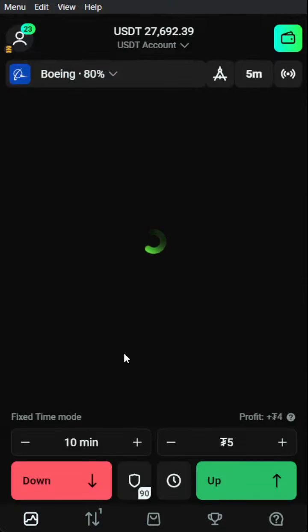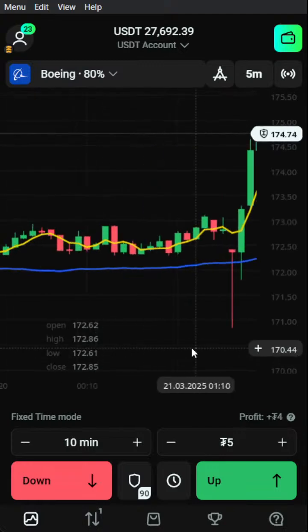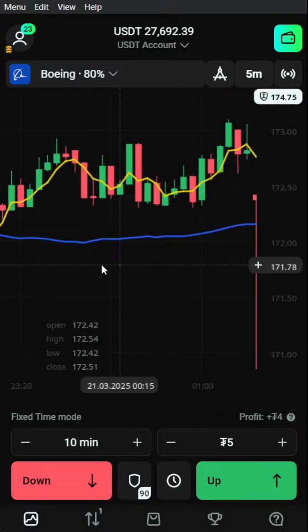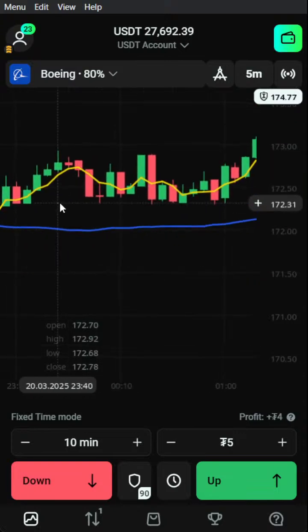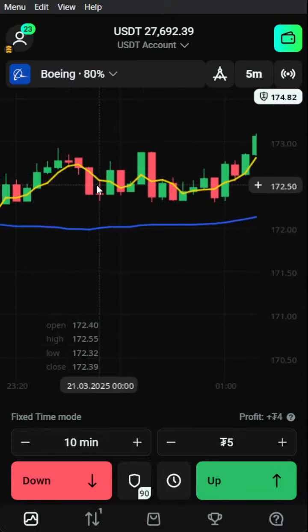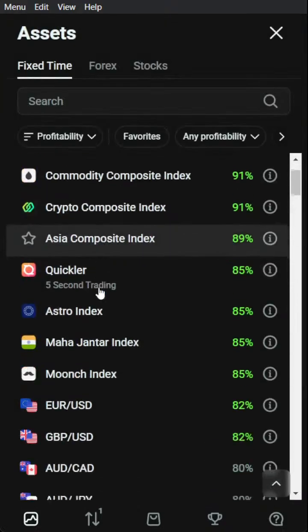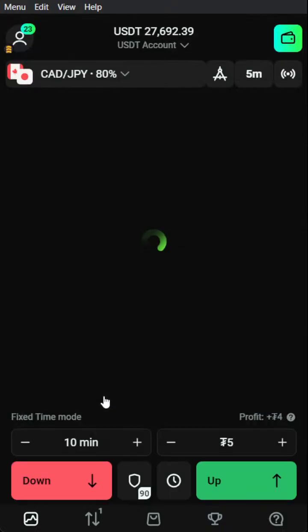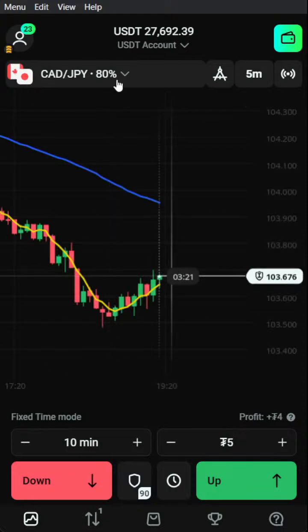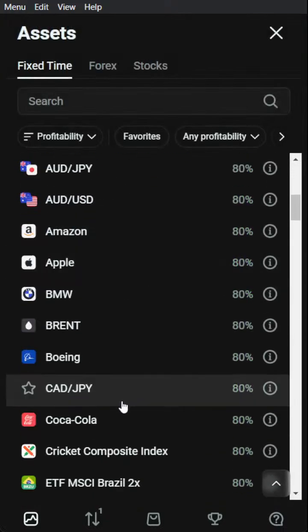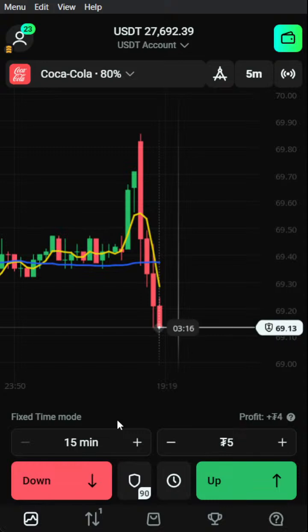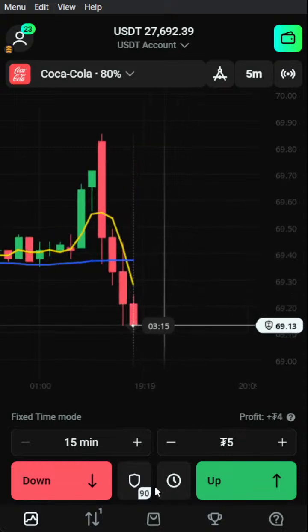And also one more thing, if you see a flat market, oh, I spoke about a flat market and here it is. So this is a flat market, guys. One candle is green, one is red, then a couple of green, a couple of red. Not a proper trend. Try to avoid trading in these assets at that point of time, because the fluctuations would be very high. There would be too much up and down, which is not going to help you at any point. The results won't be that much in your favor.